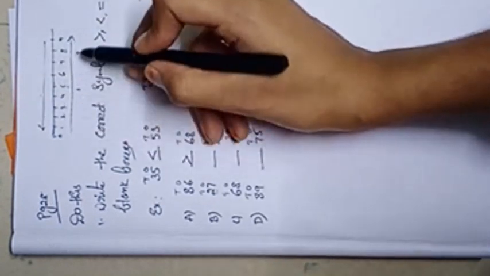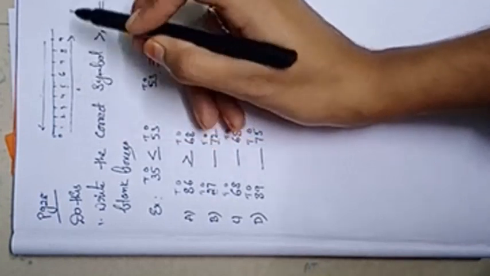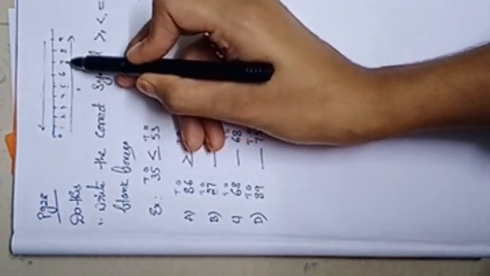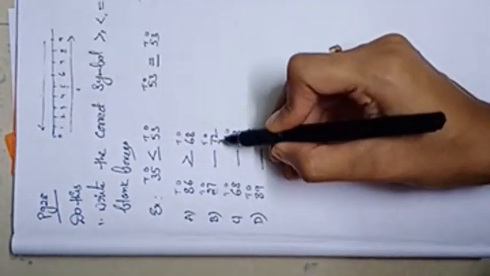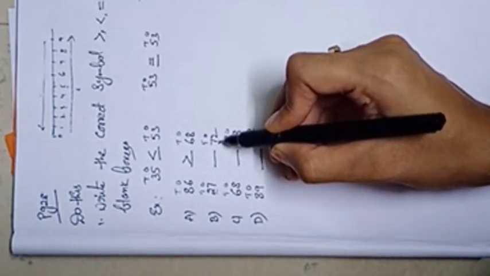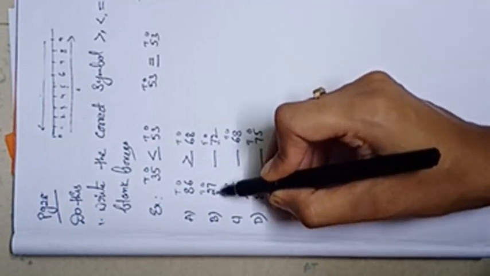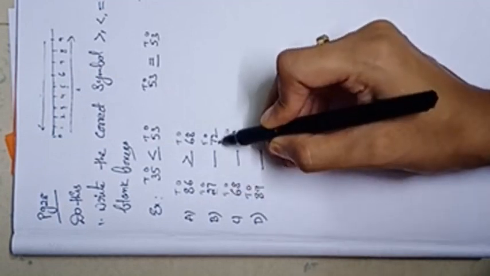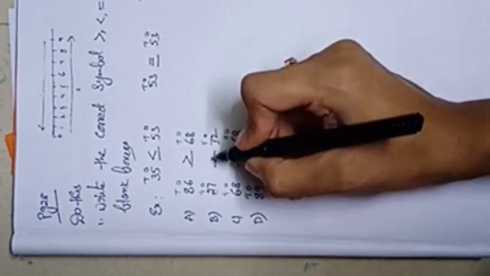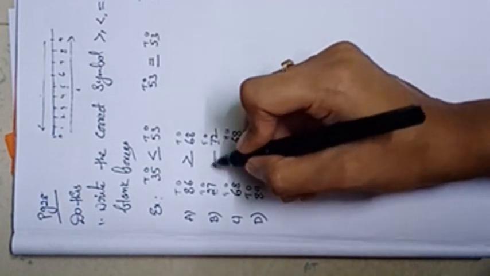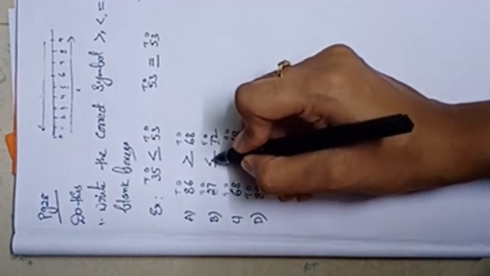When you go to the right side, the numbers will increase. So, 2 is smaller than 7. So, what you understood? Crocodile wants to eat the bigger number. Which is the bigger number? 7 is the bigger number. Now, you read the number: 2, 7, 27. 7, 2, 72. So towards 72, the mouth of the crocodile will open.